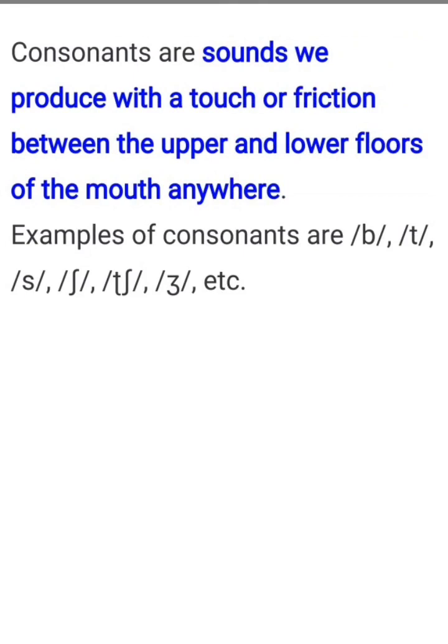And so when you produce a sound in the mouth, and there is a touch in the process, a slide, friction, an obstruction, then the sound is a consonant sound. So consonant sound are sound we produce with a touch of friction between the upper and the lower floors of the mouth anywhere. And so that's that for that.